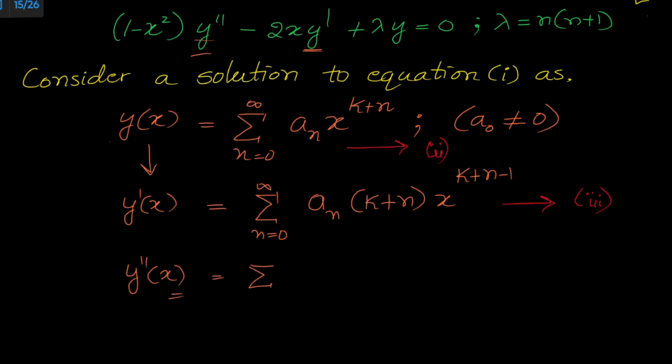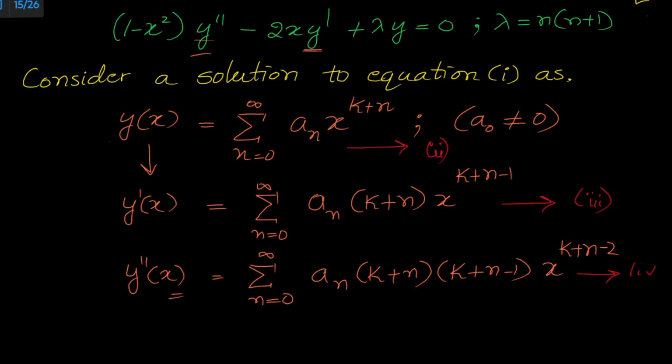So summation n is equal to 0 to infinity, again constant into function, so a_n into (k plus n) into (k plus n minus 1) into x raised to k plus n minus 2. Now let us consider this equation as equation 4.